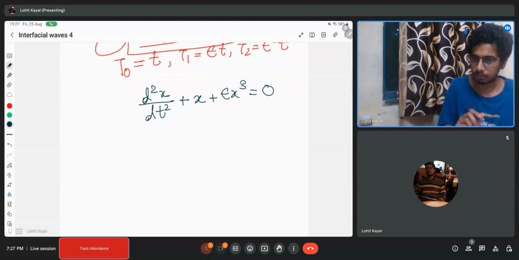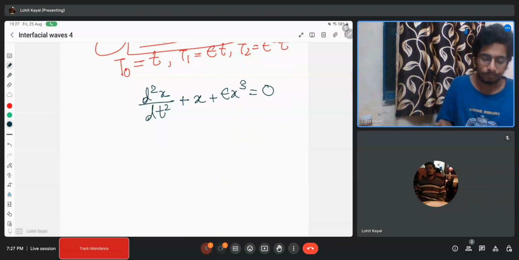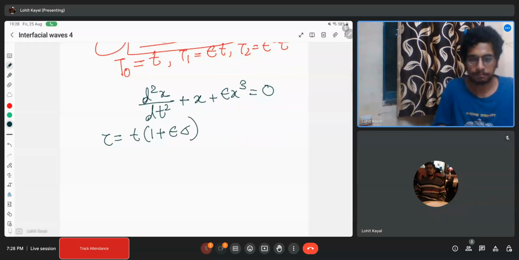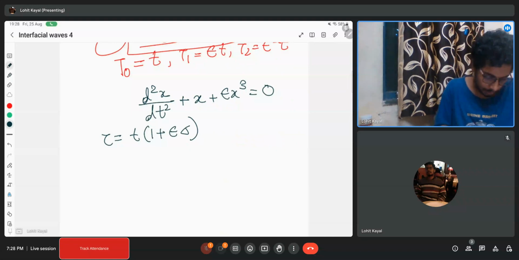I will solve this equation. Now I will not use this time t, I will use instead t into 1 plus epsilon sigma, as tau.